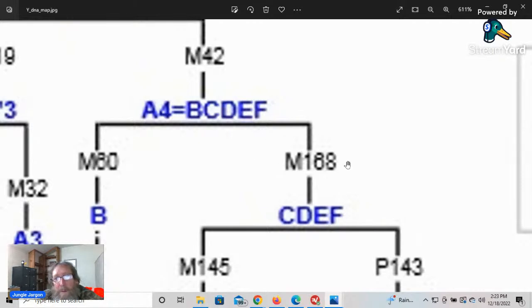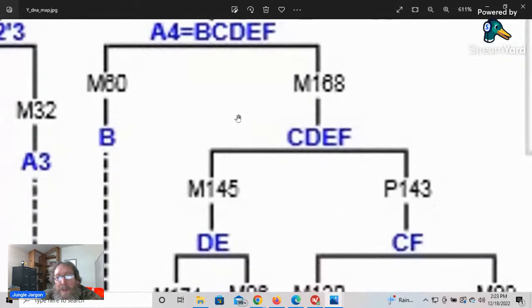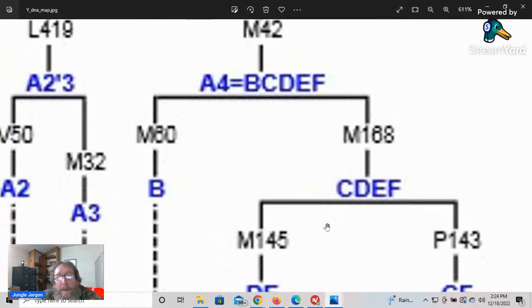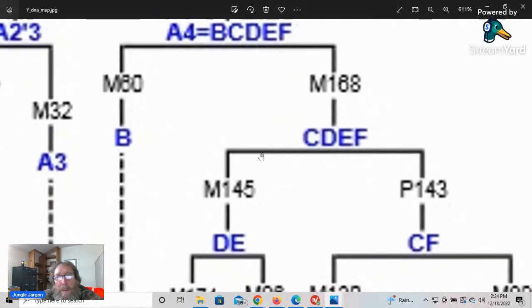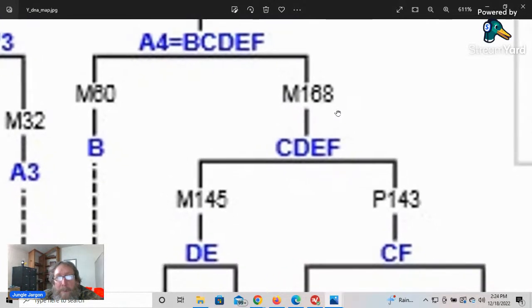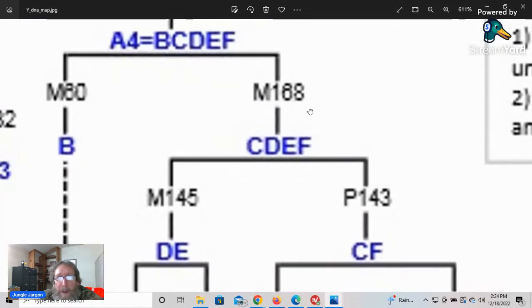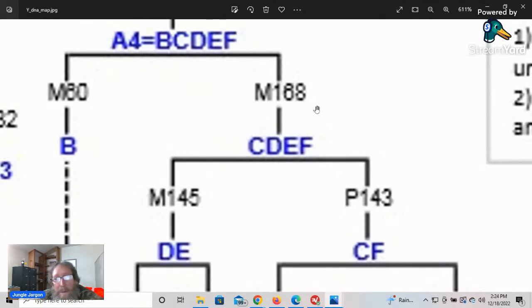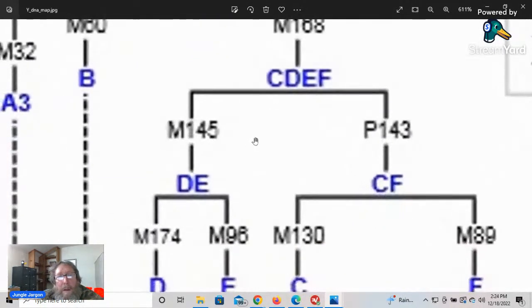So this one was gained here, which is shared by not B. In other words, the claim is it's a new genetic marker that's been added, or a single nucleotide polymorphism that was gained, which is shared only by the DE and the CF.